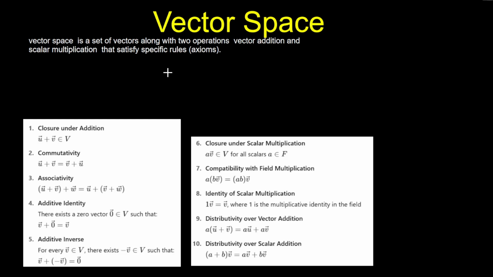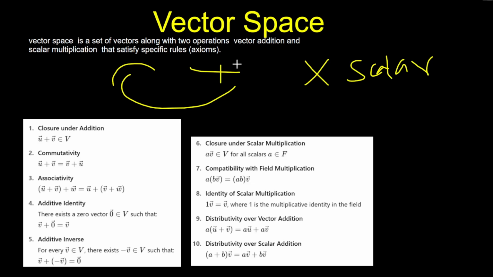We have every other vector in a space, where the vectors can be added or they can be multiplied with the scalar, and they belong to the same vector space itself. So the result of adding and multiplication by the scalar themselves belong to the same vector space.